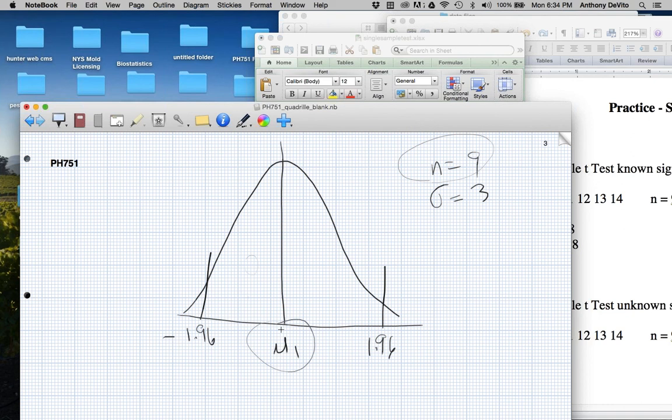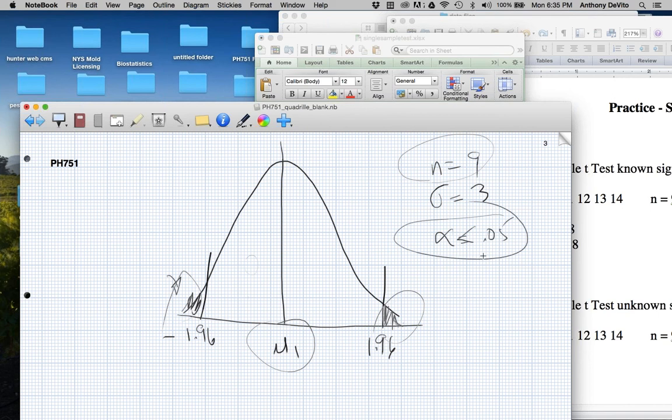of our actual mean. So 2.5% of the time I might, by chance, get a difference that's less than negative 1.96 or greater than positive 1.96. But that would only happen very rarely, less than 5% of the time. In other words, we'd have an alpha error less than 0.05.